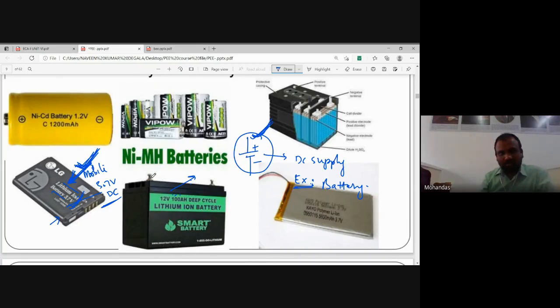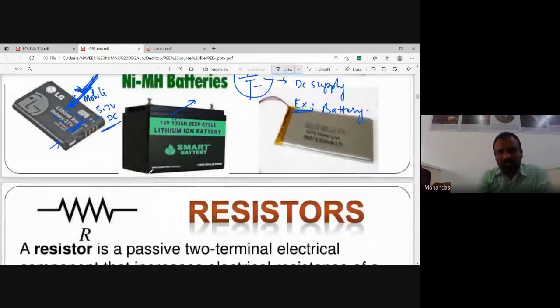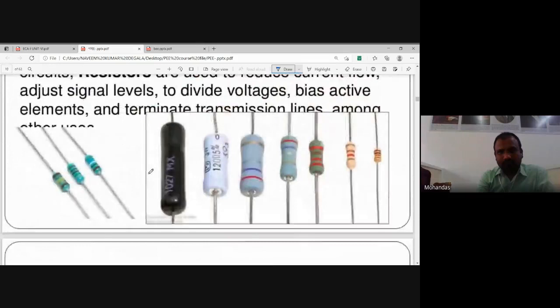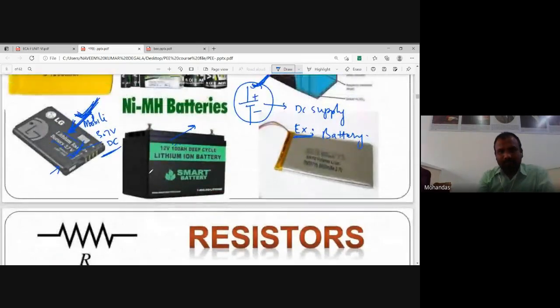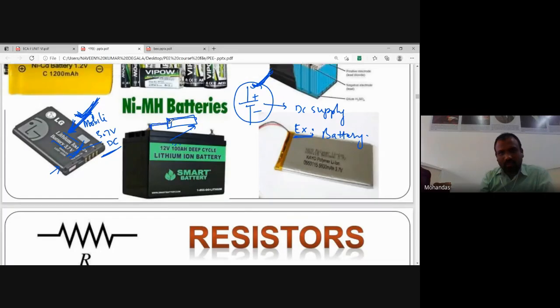Suppose these are the two terminals here. Let me explain those things also. So these are the two terminals, right? Suppose there is a copper conductor here, and one end is connected to the anode, and the other is connected to the cathode.